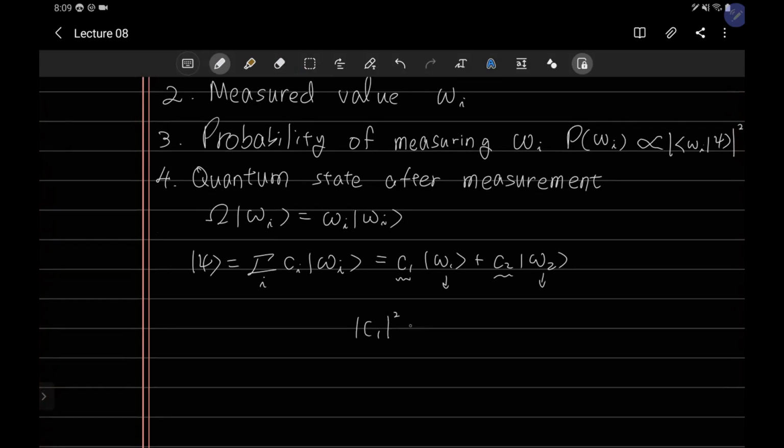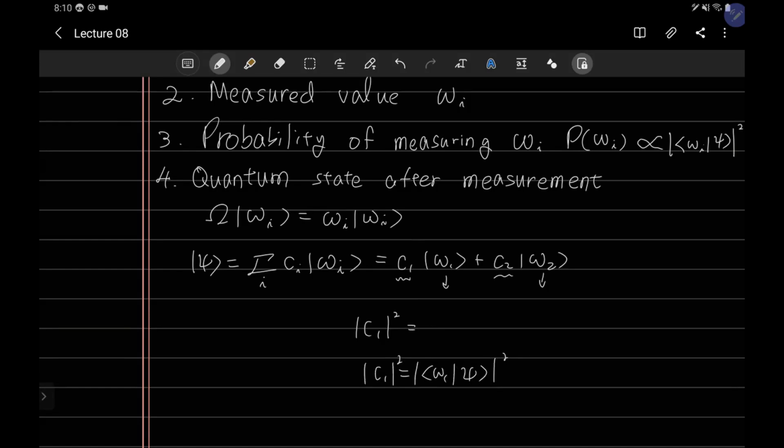And then, once you are given this psi vector, how can you find out C1? Well, C1 can be found easily by taking the inner product between psi and omega-1. Then we will obtain C sub 1, and from this one we can calculate the square of that value.